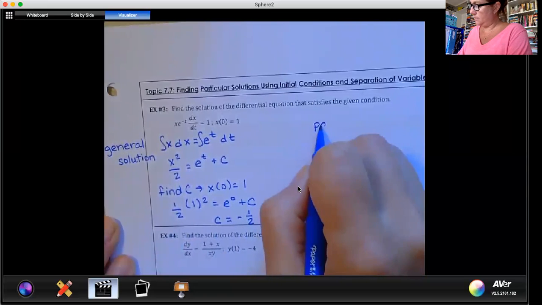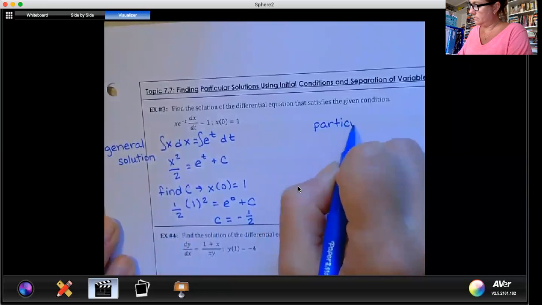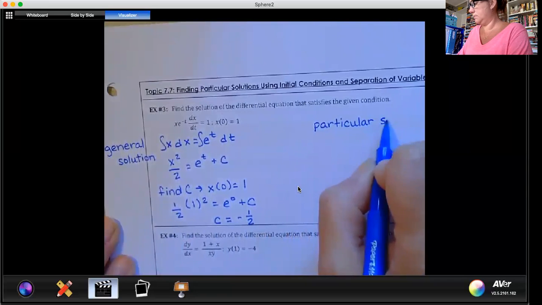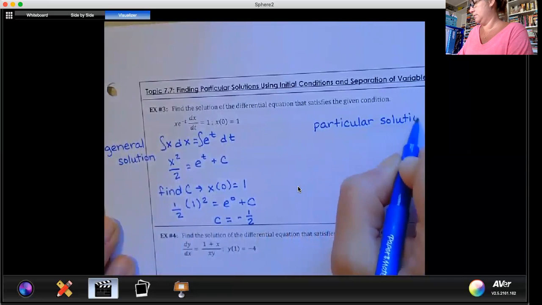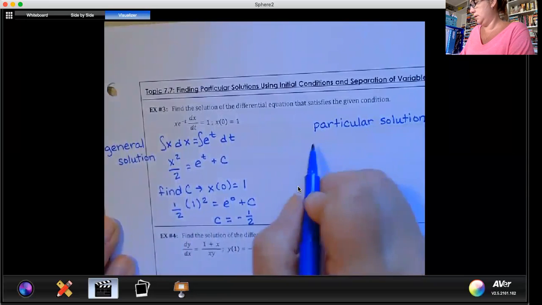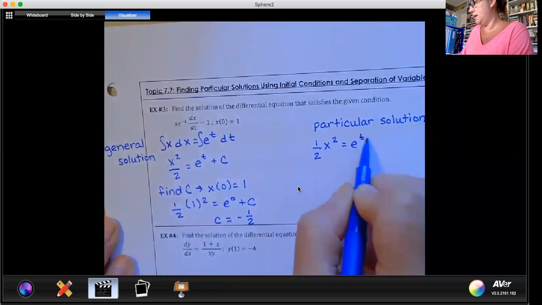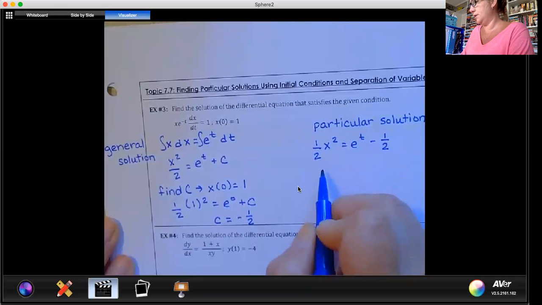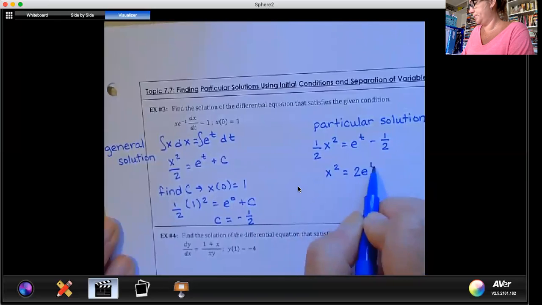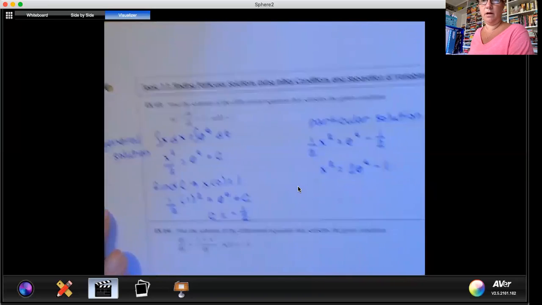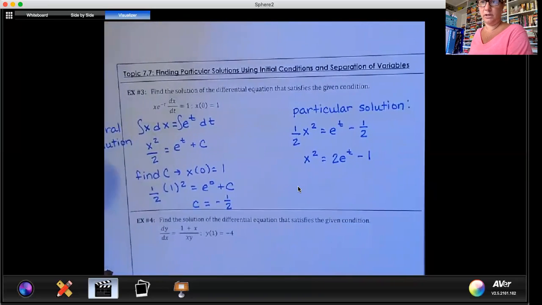And now we're going to find your particular solution. So 1/2 x squared equals e to the t minus 1/2. Then we're just going to multiply through by 2. Typically, you're not going to see too many fractions, especially out front.